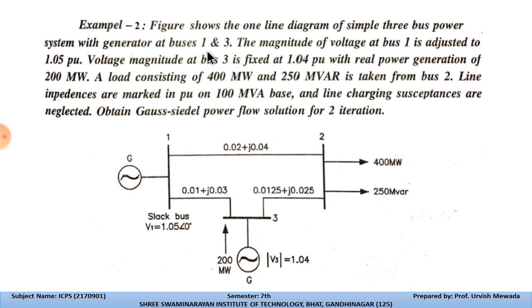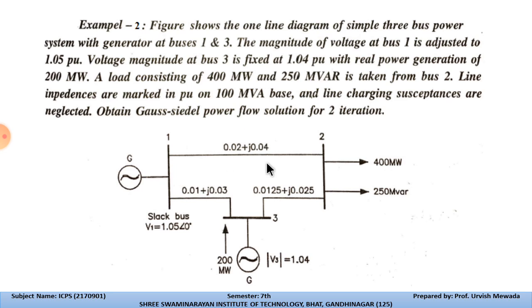So the example has the data which is shown: the one line diagram of a simple 3 bus power system. So this is the power system having 3 buses 1, 2 and 3, on which at bus number 1 and 3 we have the generators connected, and at bus number 2 the load is connected, and these are the line impedances written in R plus jX form.